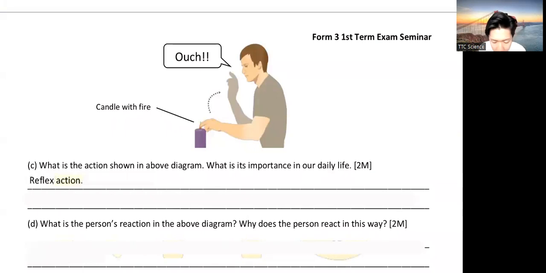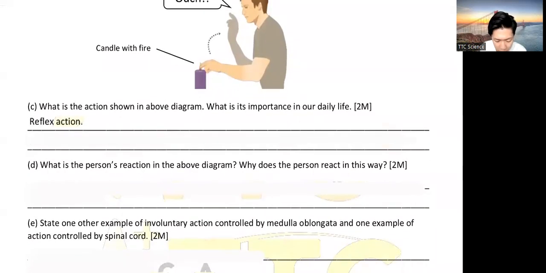Not to say involuntary is wrong, but the question already says based on the diagram above, so let's be specific: it is reflex. But if your teacher also accepts involuntary, then good lah, because memang it's under involuntary. Not wrong, right? But if you ask me, you better be specific because the question says based on the diagram above, which is a reflex.